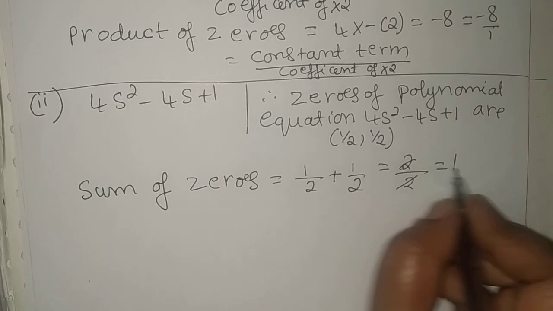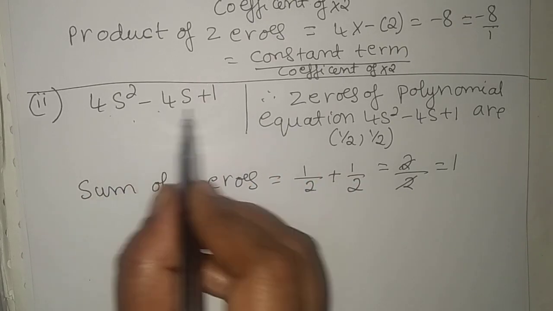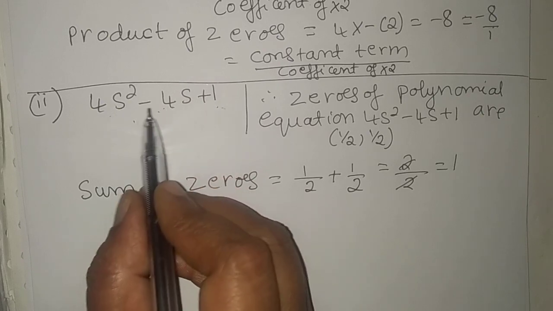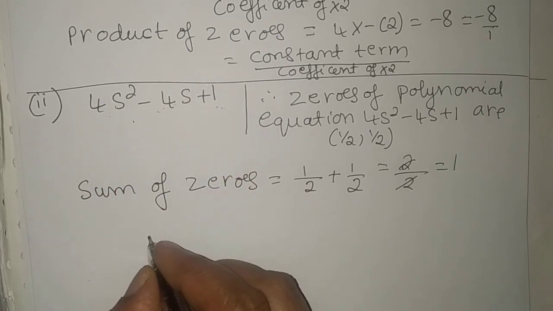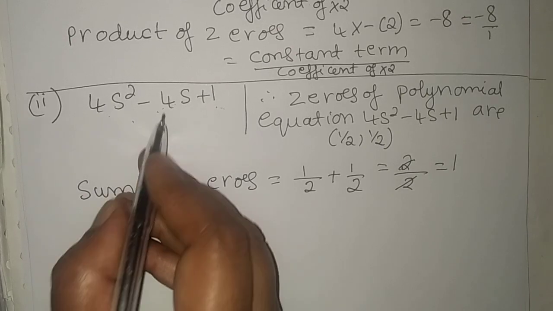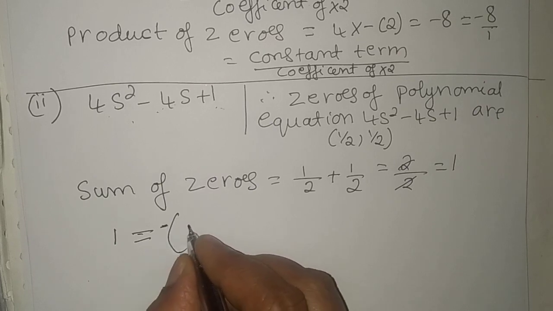So now we have to see what is there in this expression. We are getting 1. So what do we have to write? We have to get it in the equation form. So this 1 can be written with minus, just take minus 4 by 4.